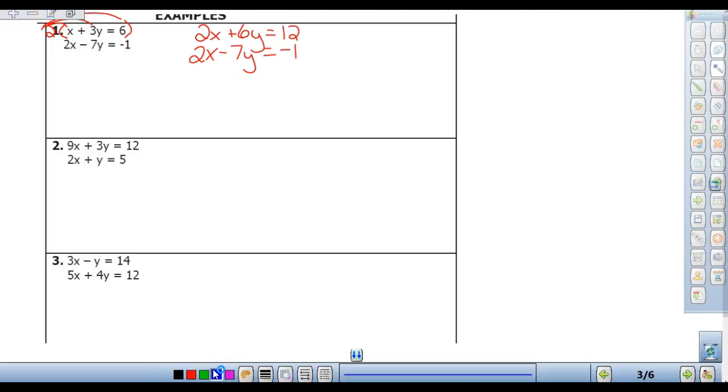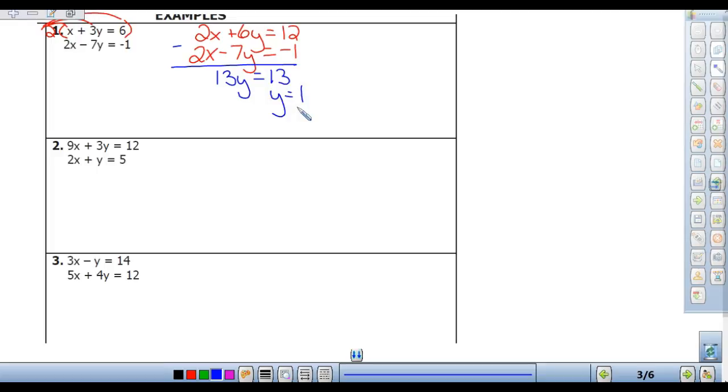So, same sign, subtract. Good. Same sign, subtract. Lots of x's. So if I subtract these two equations, be careful, 6 minus negative 7, 13y equals 13. Good. So y is what?